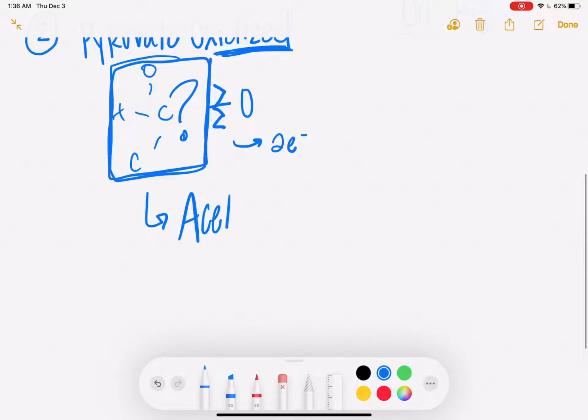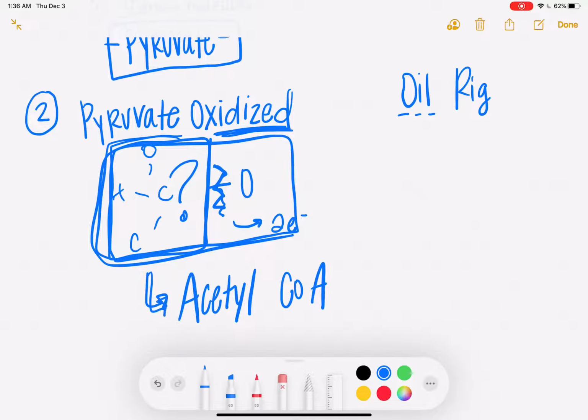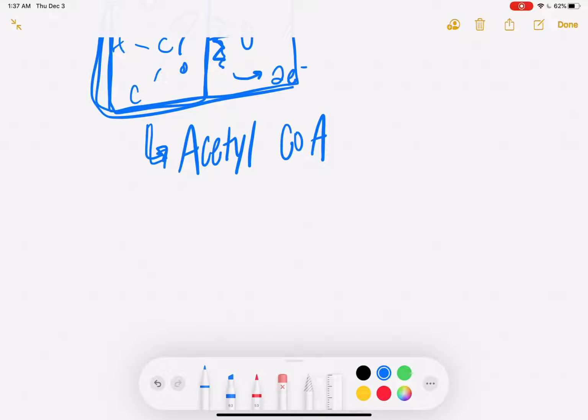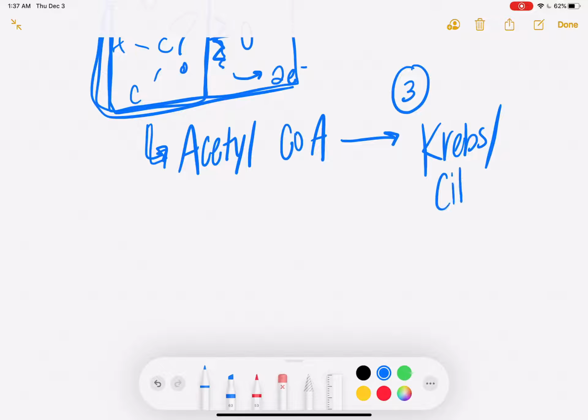When the oxygen gets taken off, it forms acetyl-CoA. All right? And it's lost those electrons. It's oxidized in the process. Okay? That product, acetyl-CoA, then enters the third step, which is the Krebs or citric acid cycle.